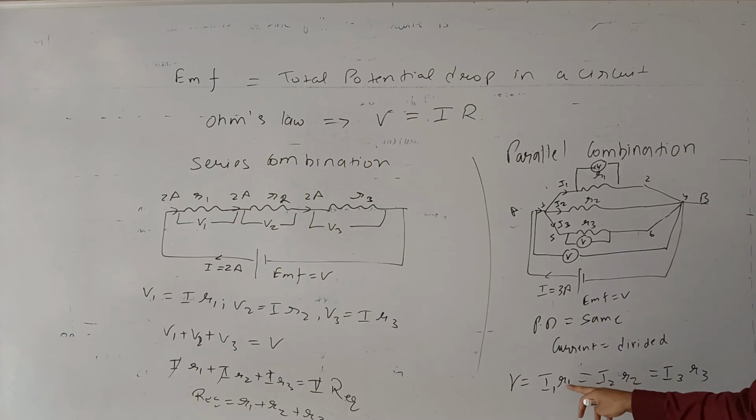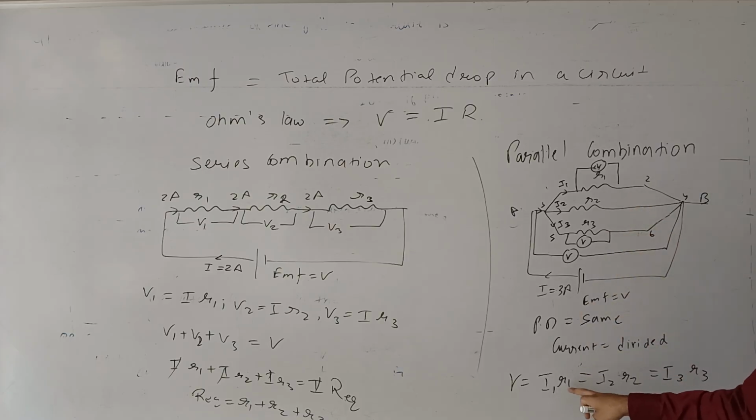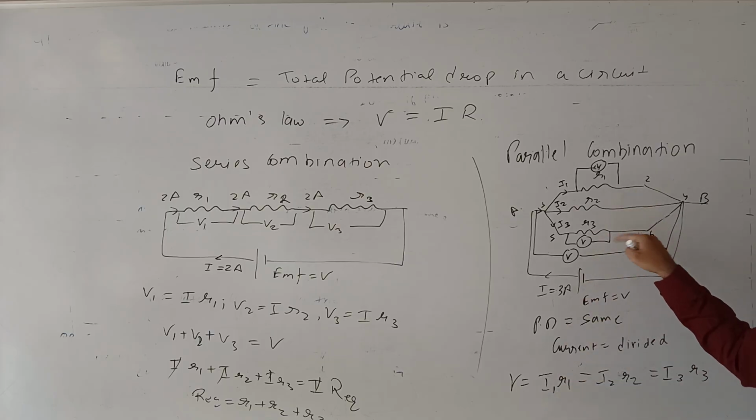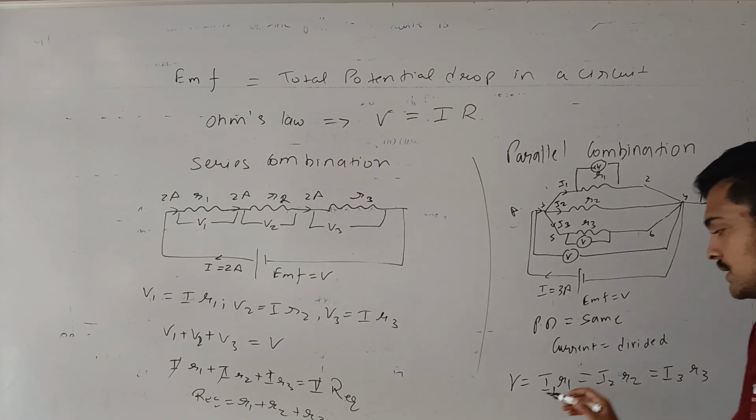It means the resistance which has the highest value will have the minimum current. If resistance is more, current will be less. So the least current will be in the resistance which has the maximum value in the parallel combination.